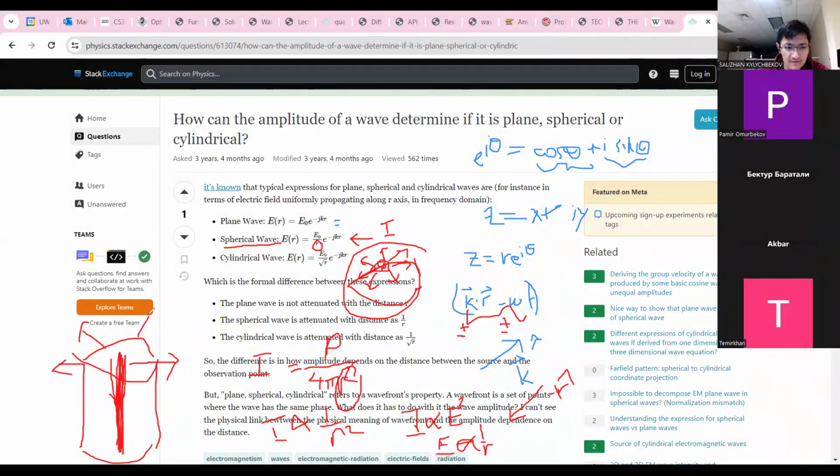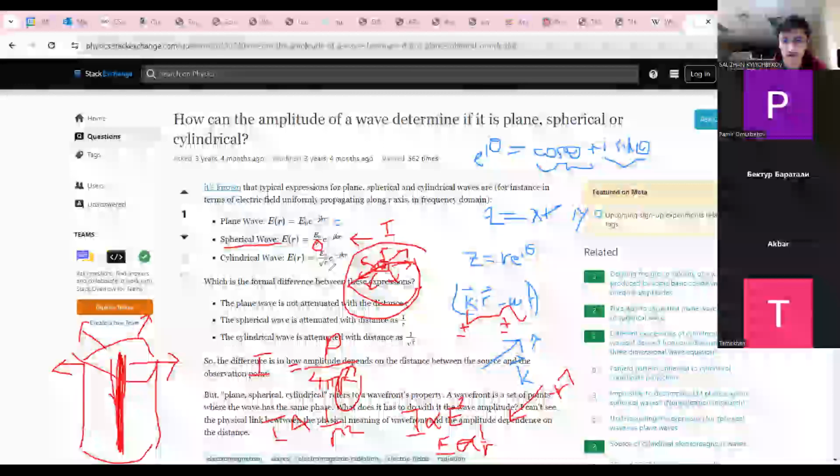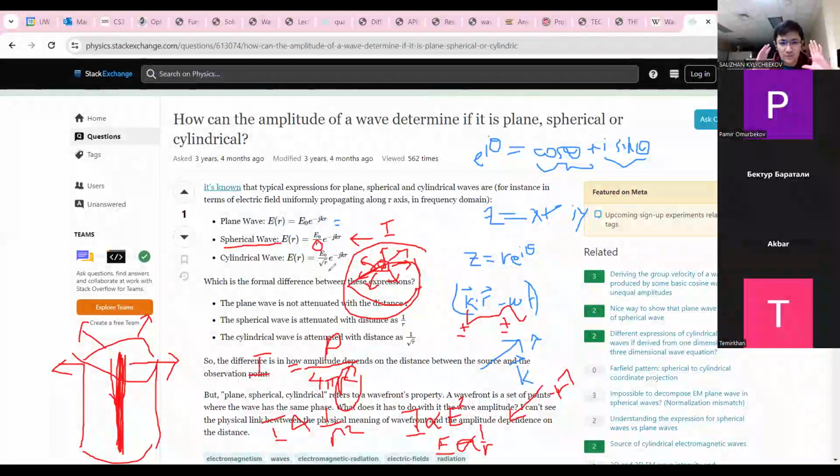Then its electric field diminishes as 1 over square root of r. So just note this. I am just reminding you. Spherical waves, cylindrical waves, plane waves, they all have electric field propagating in space with different factors, proportionality relations.